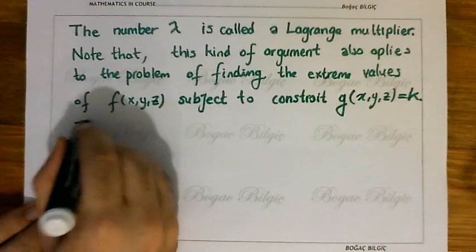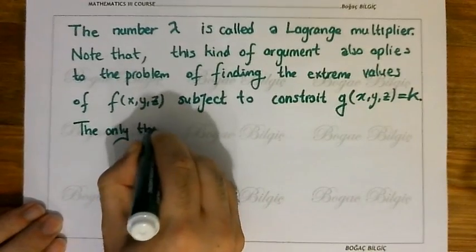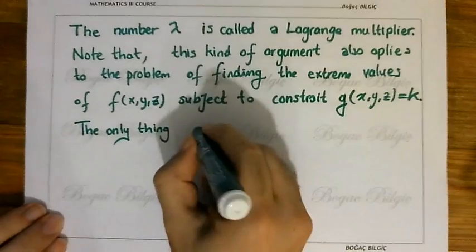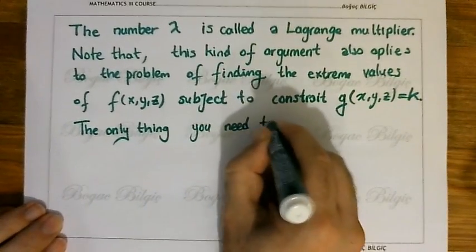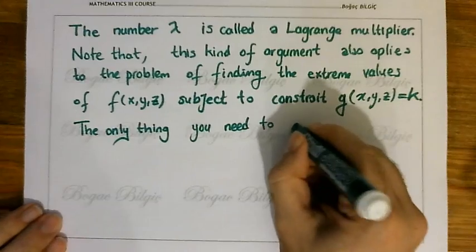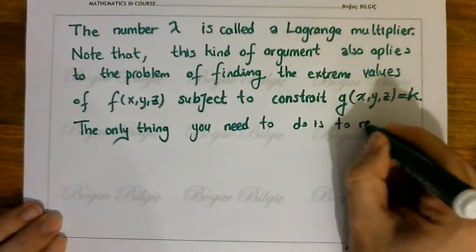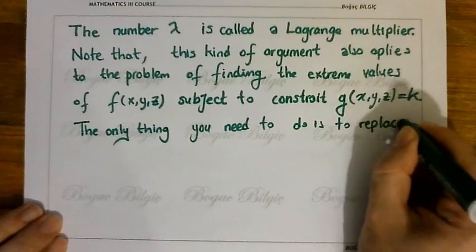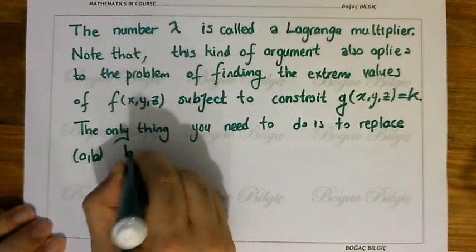The only thing you need to do is to replace (a, b) by (a, b, c).